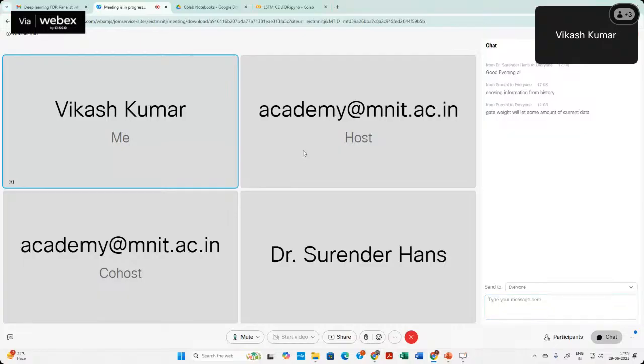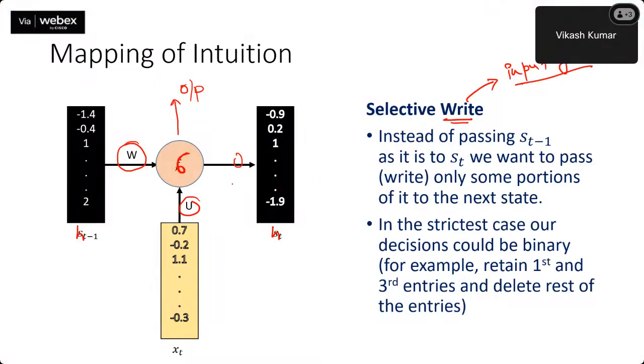Yes, exactly. So then this multiplication, we all know what it will do. Suppose in a simple case, if we say that some of the output we are going to ignore from the previous state, it can be made possible just by making some of the entries zeros and other entries ones.